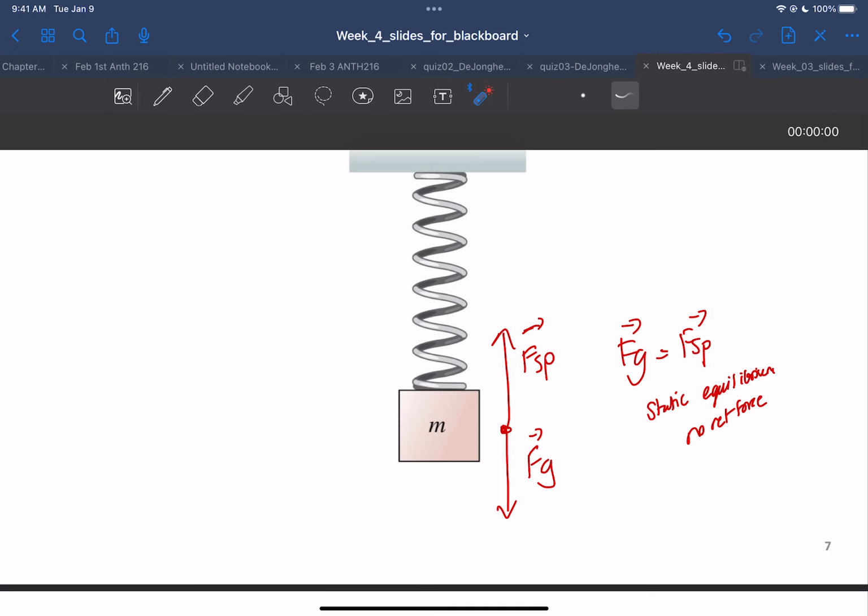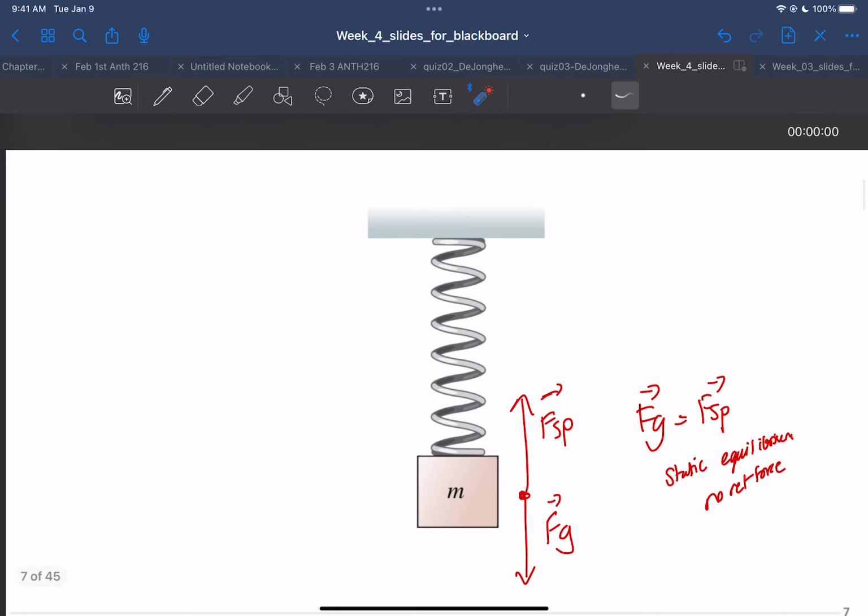There's no net force because the block isn't moving and the spring isn't moving. They're just hanging there static. It's in static equilibrium, as we call it. Whatever spring force is acting to restore the spring is opposed by the force of gravity, and vice versa.